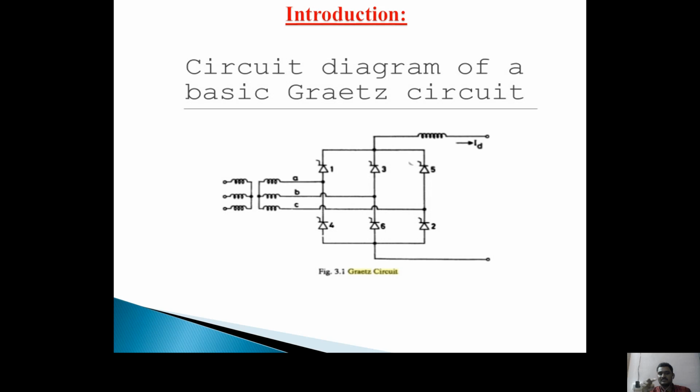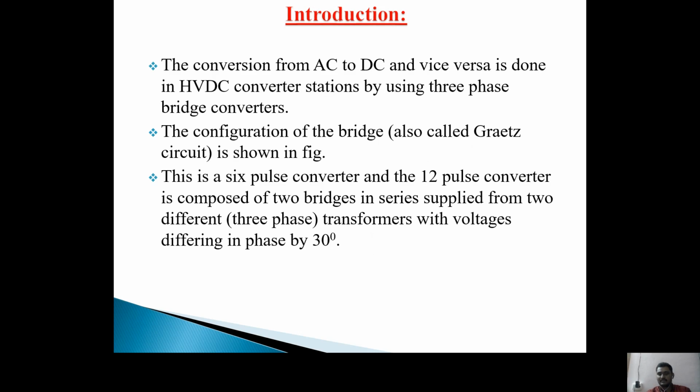It also includes the reactor LD, that is the direct DC line reactor, or smoothing reactor. So this is the basic circuit diagram for the Graetz circuit, a 6 pulse converter.